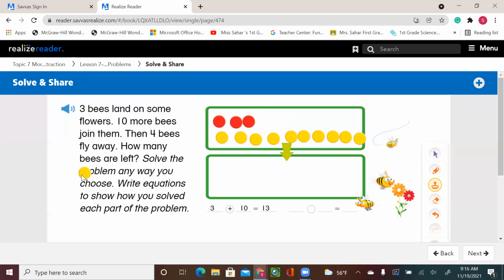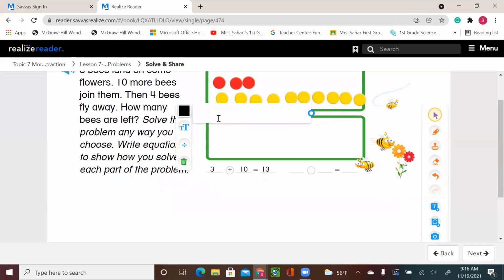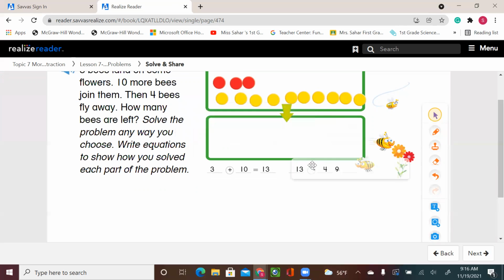What's the second part of my question? Then 4 bees fly away. So 4 bees from the total, from the 13. All right, that's easy. I'm going to say 13 minus 4 equals, very good, simple, equals 9.